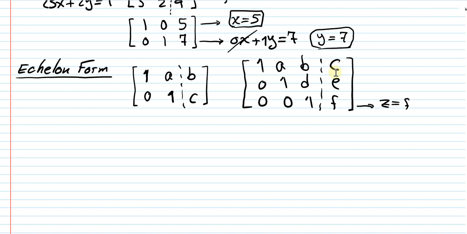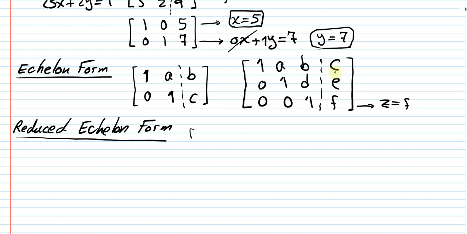The other form of the matrix that is very useful to us, not the echelon form, is called the reduced echelon form. The reduced echelon form is when you get not only zeros below the main diagonal underneath the ones, you also have zeros above the ones. And let's say here I have A, B. These are just numbers now.